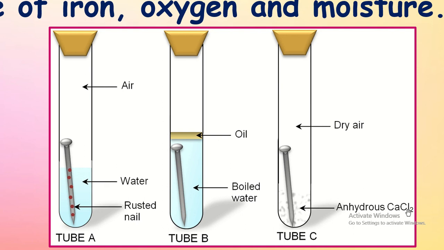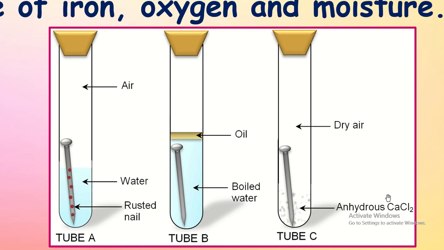Anhydrous means waterless. This calcium chloride has one property: it absorbs the moisture immediately available to it. So if you take small pieces of calcium chloride in it, it immediately absorbs the complete moisture present. Now this iron nail is in contact with only dry air.